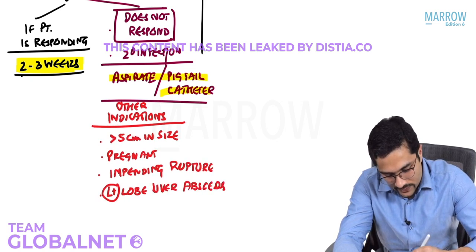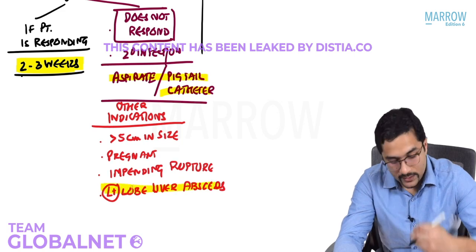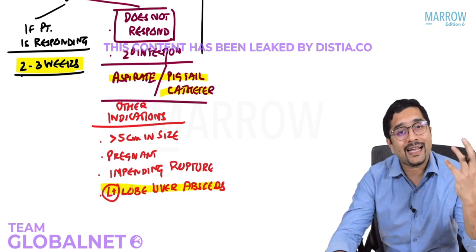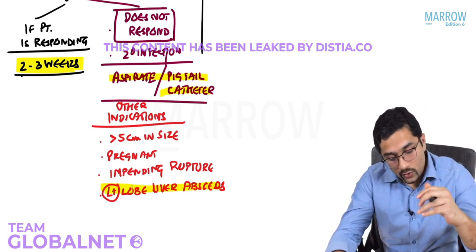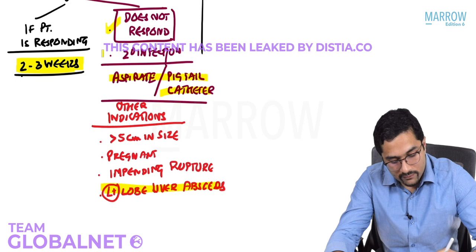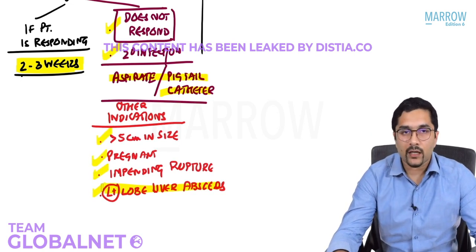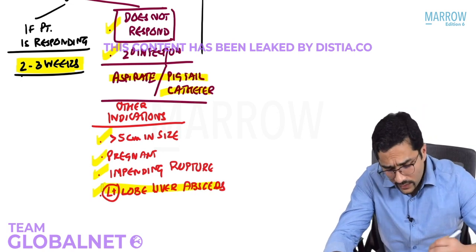Left lobe liver abscesses are particularly dangerous because there is a chance that they might rupture into the pericardium, and that can be life-threatening. So these are the indications when you need to aspirate or put in a pigtail catheter in an amoebic liver abscess.